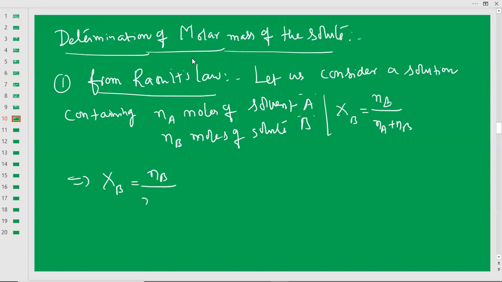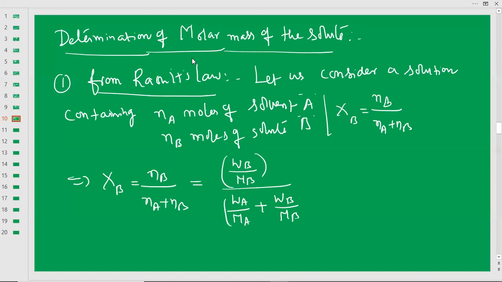When we have the weight of the solute and solvents using W symbols and M symbols, then this NB will become equals to WB by MB, I am calling this MB is the molar mass of solute, divided by WA by MA plus WB by MB.